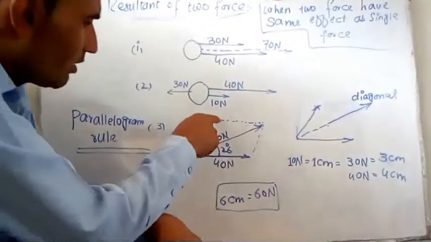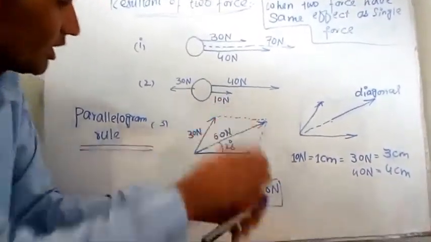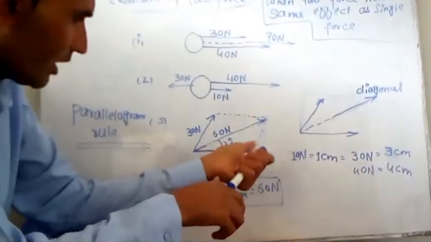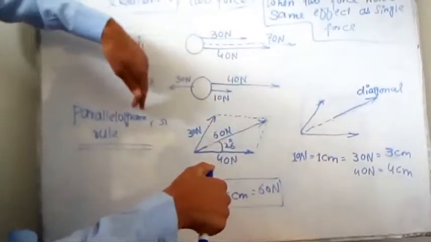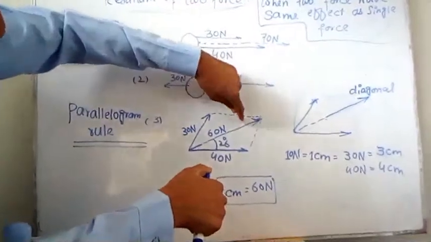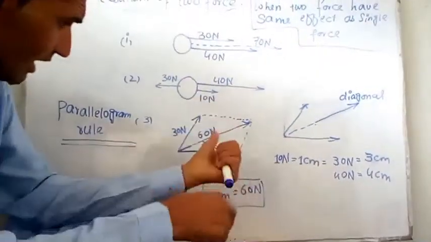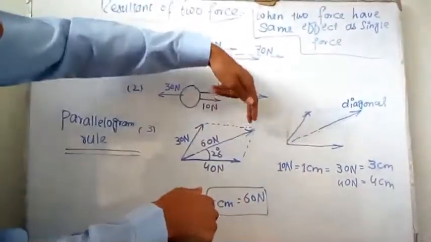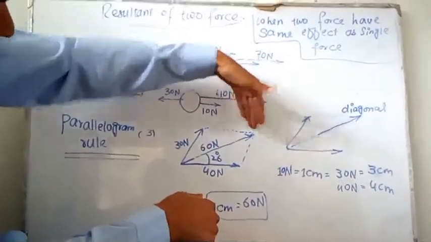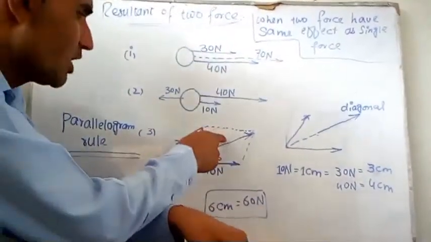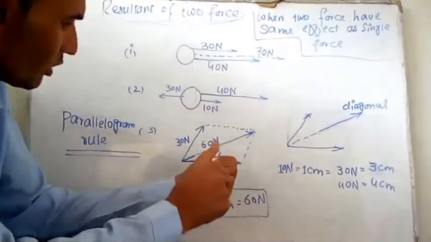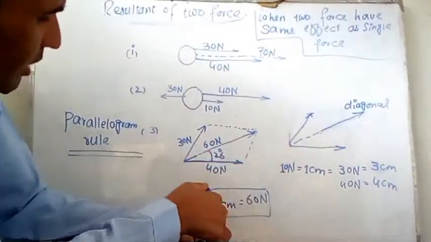Now when we join these lines with one another and these arrows with one another to form the parallelogram, we will measure the diagonal. So what is the measure of diagonal? It means how many centimeter long the diagonal is. That diagonal will be 6 centimeter long.